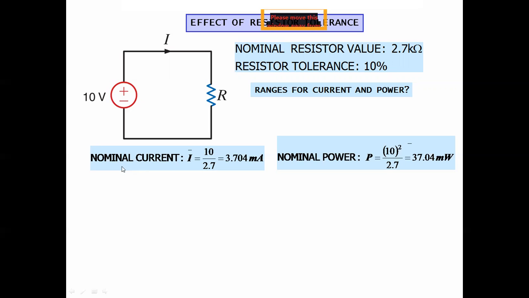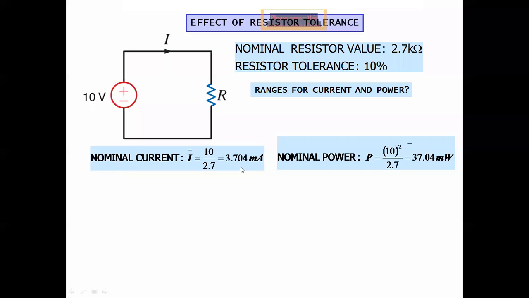Here you can see the nominal current. According to Ohm's law, circuit current can be calculated using the formula V by R. So we'll use the actual value over here. Current I will be equal to V divided by R. Here V is 10 volt and the value of resistance is 2.7 kilo, so it is 10 divided by 2.7.